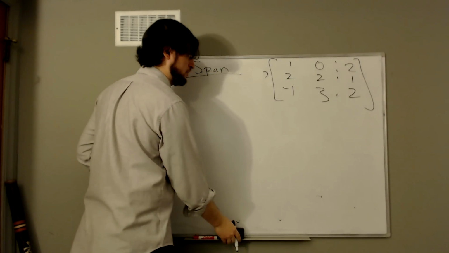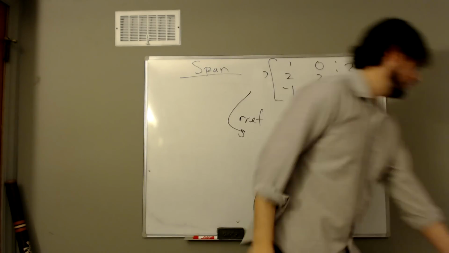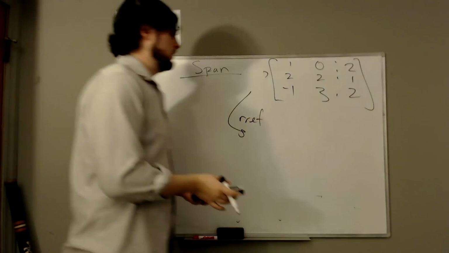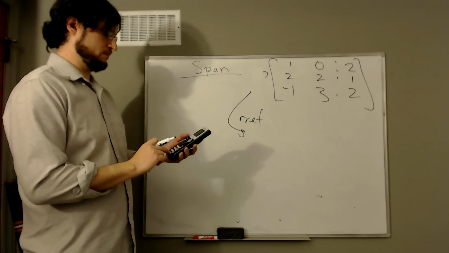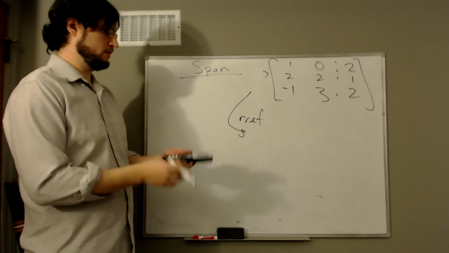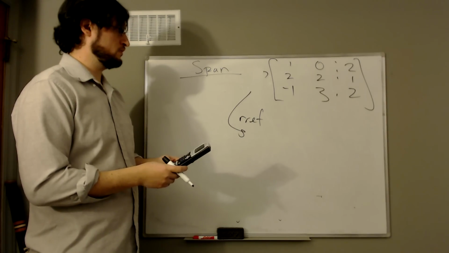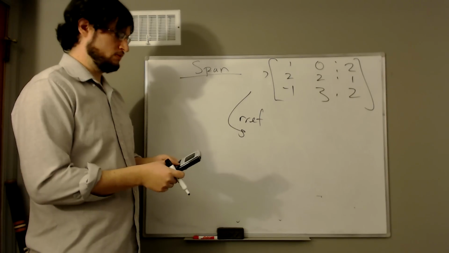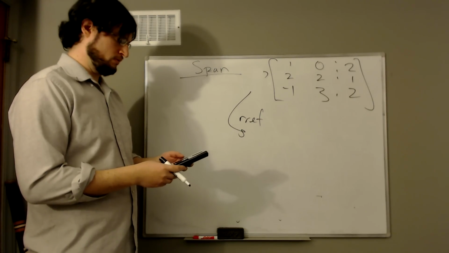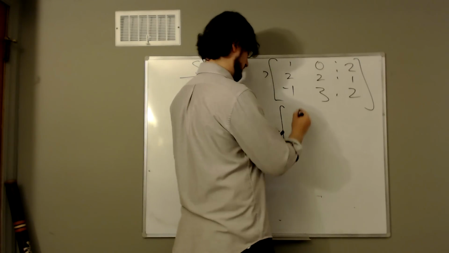So let's row reduce. If we row reduce this matrix, this is what we get.